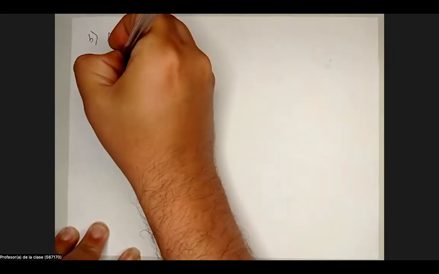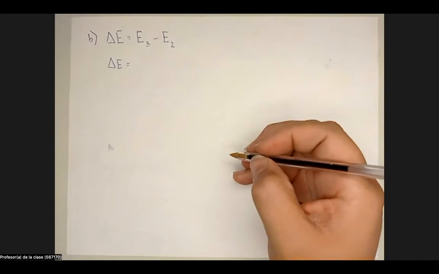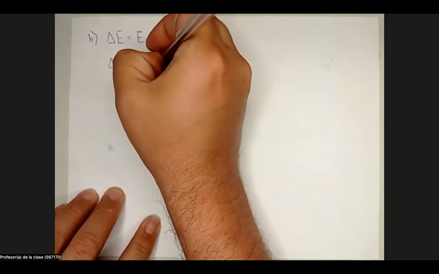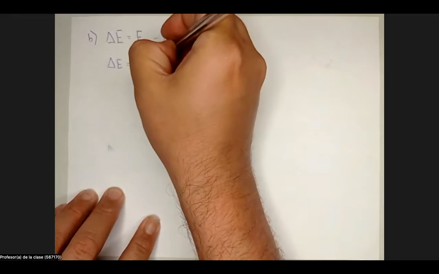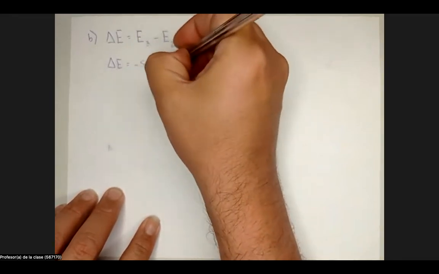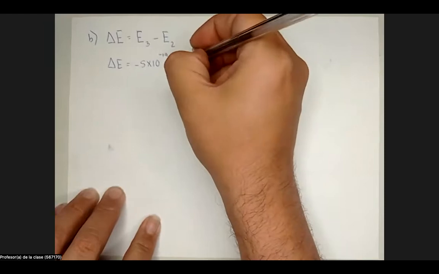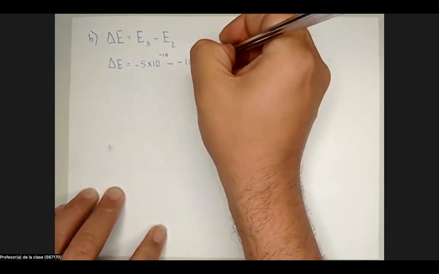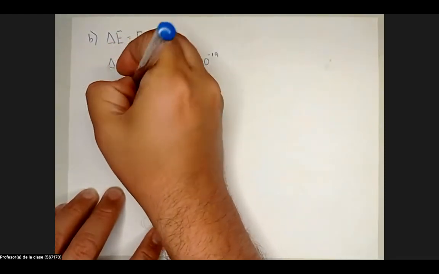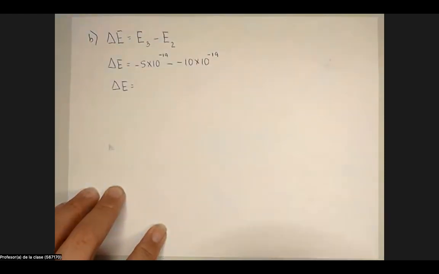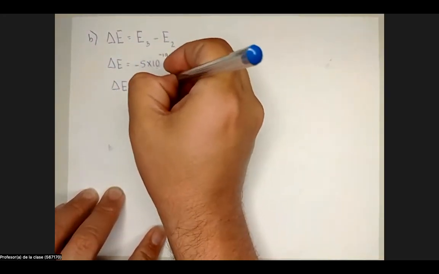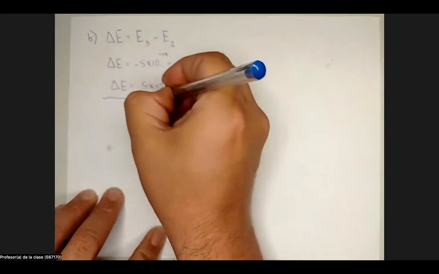So the difference in energy will be the energy on level number 3 minus 5 by 10 to the minus 19 exponent minus again 10 by 10 to the minus 19 exponent. So if we do the difference, that will be 5 by 10 to the minus 19 joules.